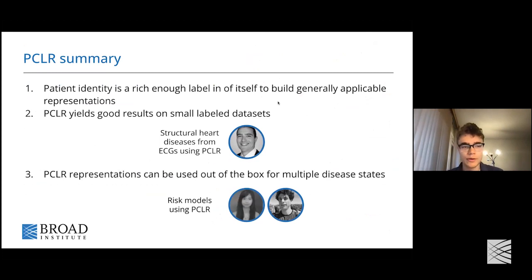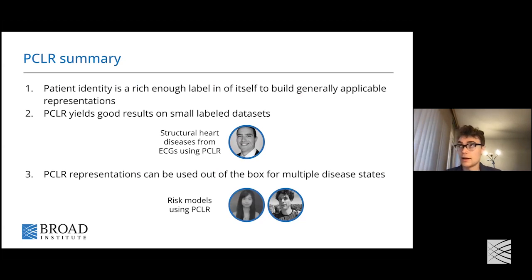So just an overview of patient contrastive learning. It turns out patient identity on its own is actually an incredibly rich label, which can build generally applicable representations of medical data. And Pickler yields good results on small labeled data sets, especially compared to training a neural network from random initialization. And we're exploring this avenue a bit more with Julian Haimovich at MGH, looking at structural heart diseases from ECGs using Pickler.